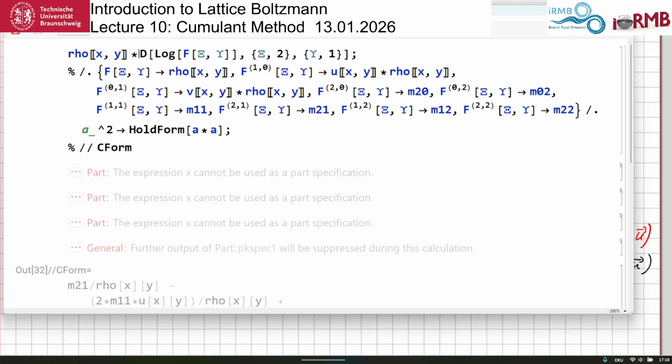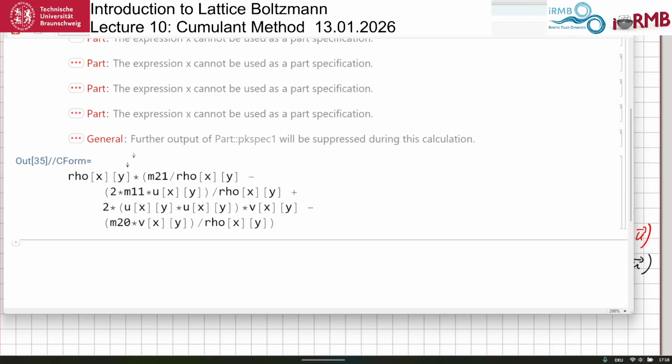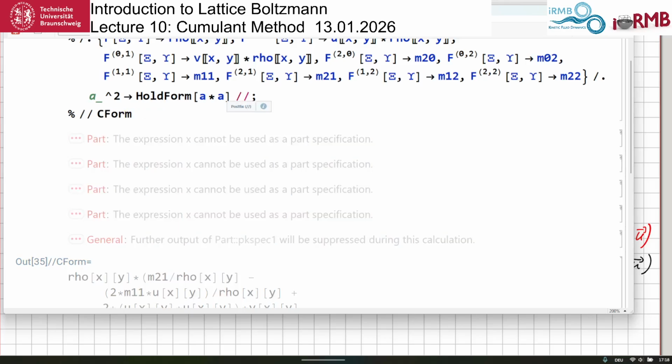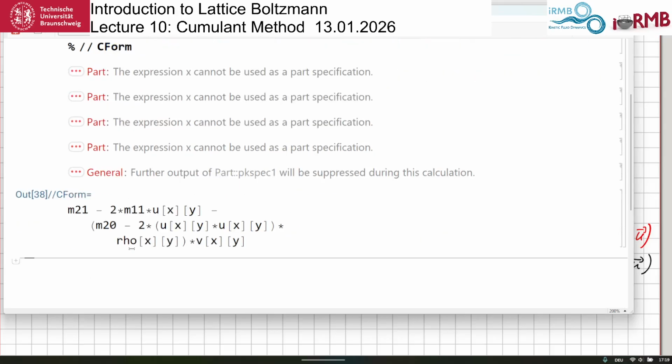So rho times this. Now I should potentially put a full simplify here in order to get it into a more convenient, easier format.